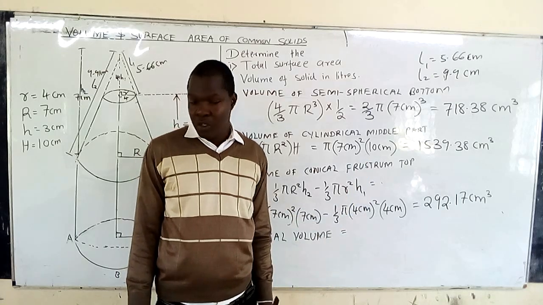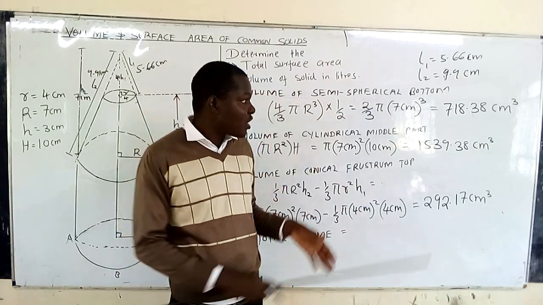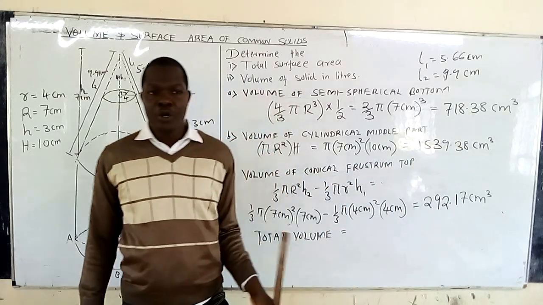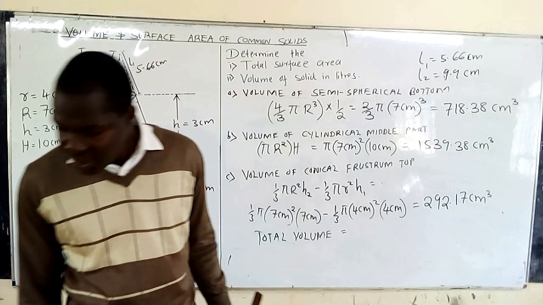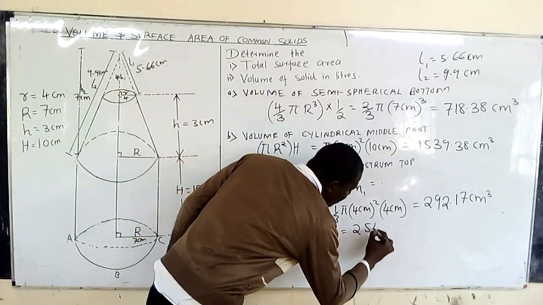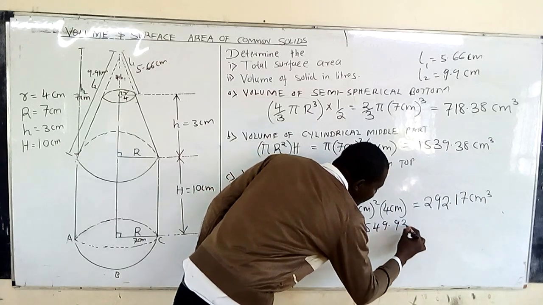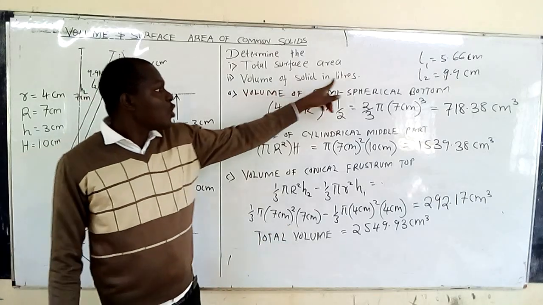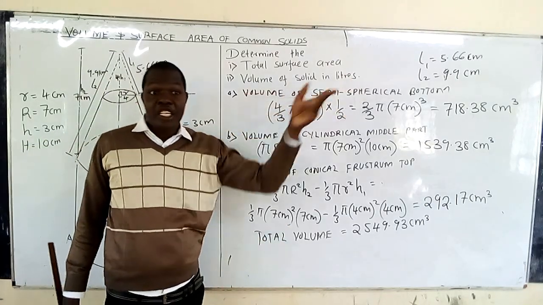So what do you get there? This plus this plus this, we get the total volume of the solid, which is 2,549.93 centimeters cubed. But you are told to leave this volume in liters.